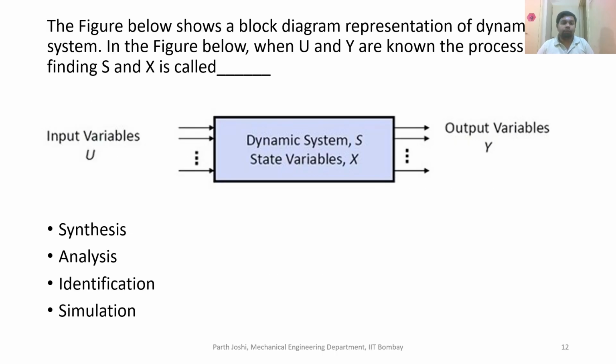Yeah, so let's look at another example. Here we have a block diagram representation, with a set of input variables and output variables. The input variables are known, and we have the corresponding values of output variables for a large number of these input and output combinations for a certain dynamic system.